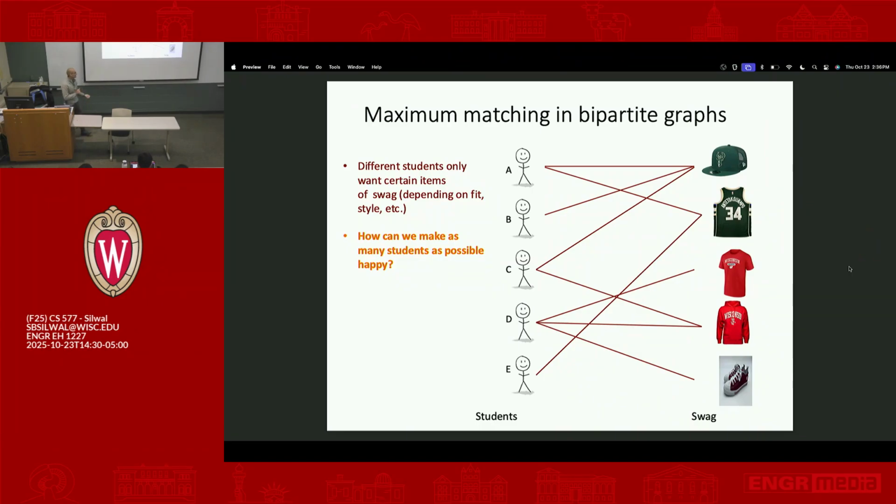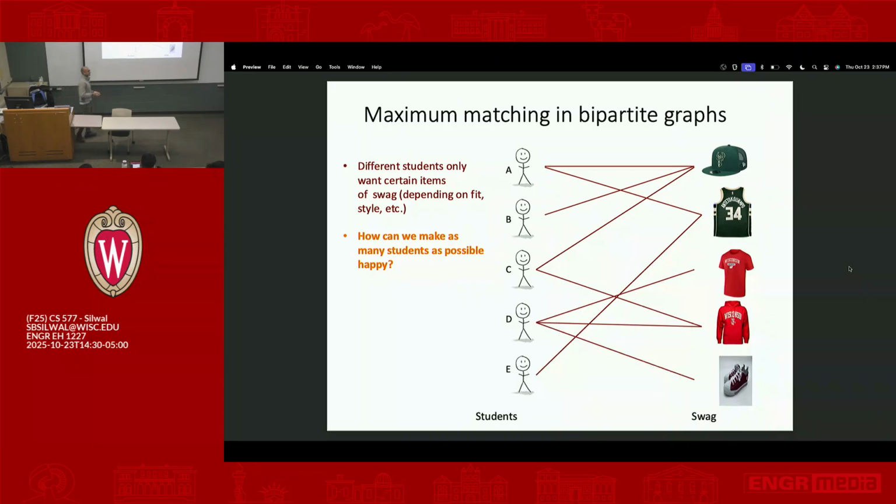Obviously two people can't have the hoodie because there's only one. But we want to make as many people happy as possible, meaning we want a matching from students to items that maximizes the number of students that get some stuff. Does the problem make sense?